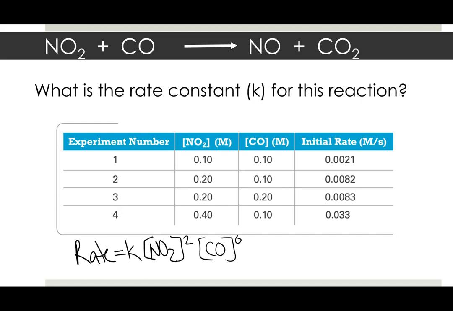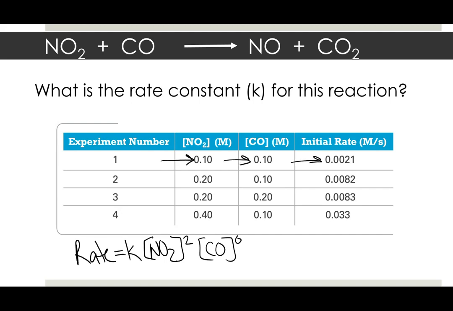Okay. So if I ask you, what is the rate constant k for this reaction? What I'm asking you to do is pick a trial and solve for k. If you pick a trial, you know the concentration, you know the rate.